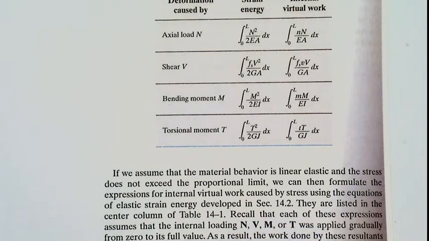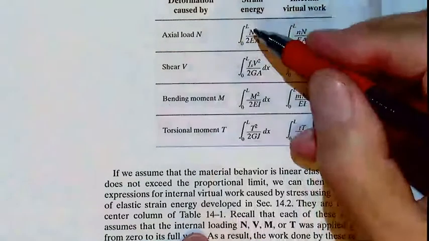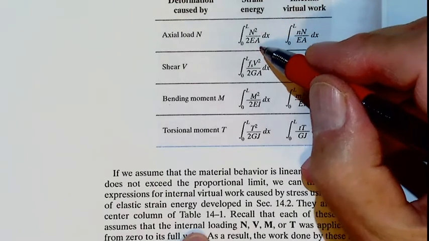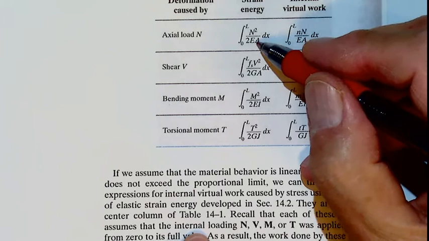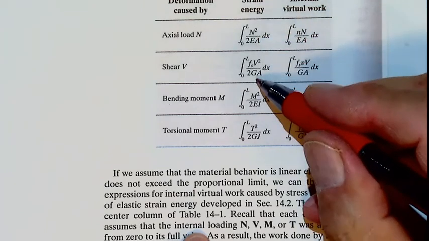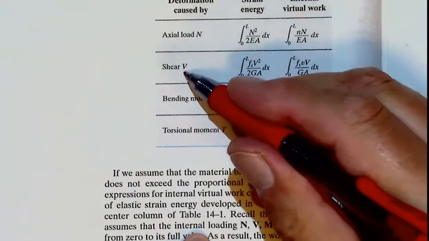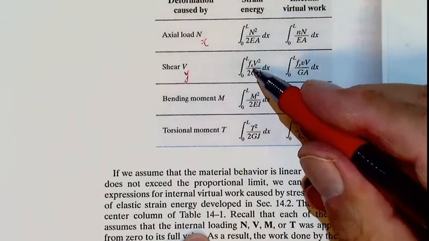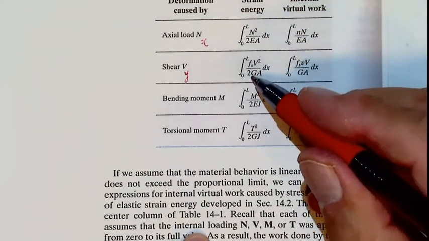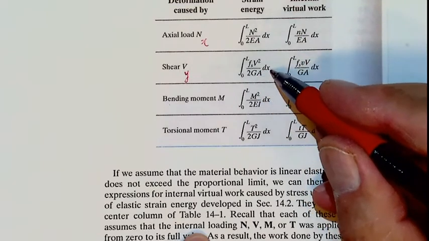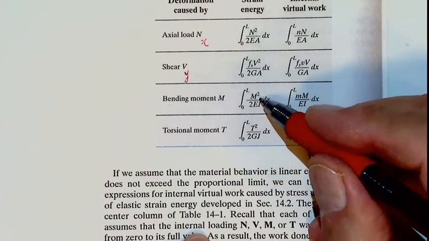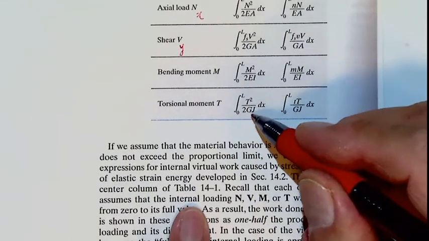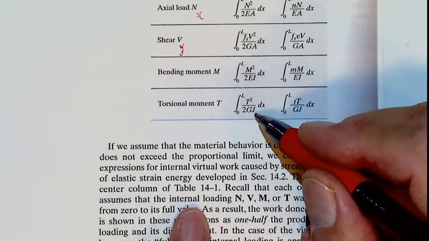They are listed in the center column here. So we have N squared dx over 2EA. Then due to shear force, V sub s, it is V squared dx over 2GA. Bending moment, M squared dx over 2EI. Torsional moment, T squared dx over 2GJ, polar.